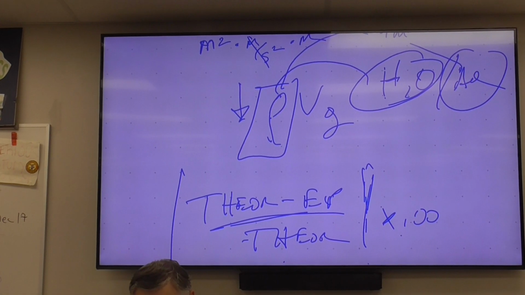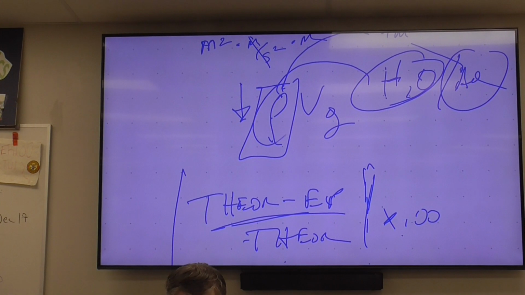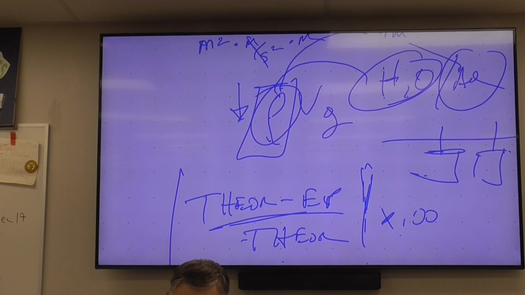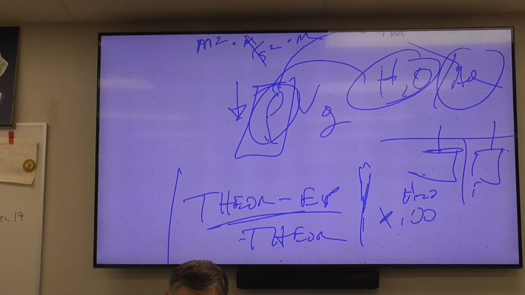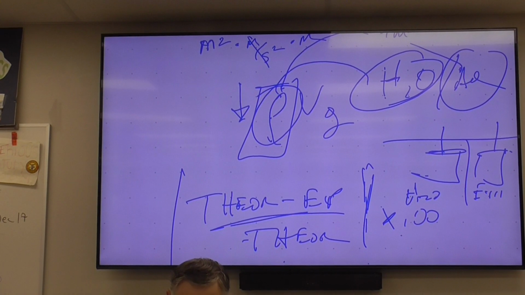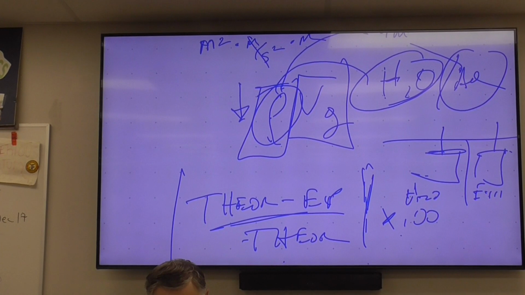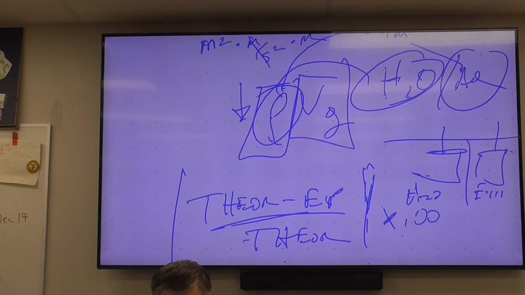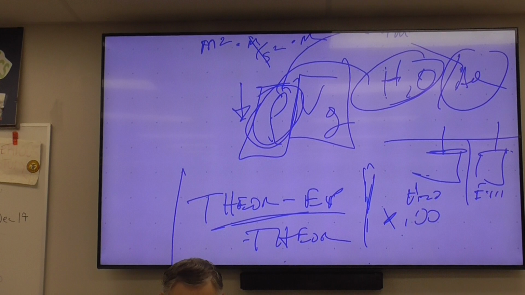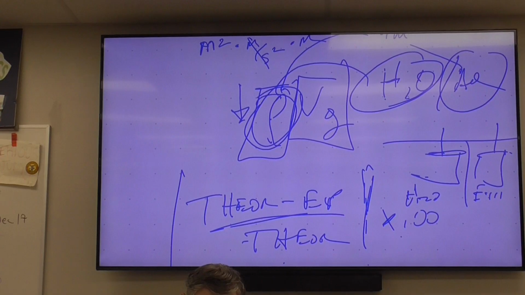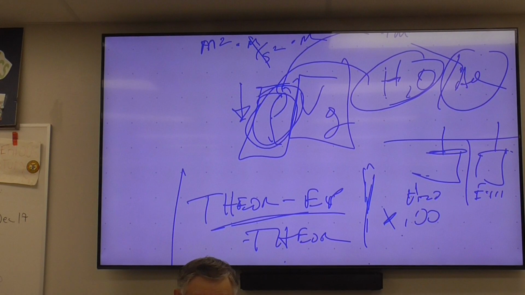Imagine that you have two identical blocks, one submerged in water and the other submerged in ethyl alcohol. Buoyant force is rho Vg, and the Vg part is going to be the same: same volume, same gravitational acceleration. So the one that has the higher density is going to have the higher buoyant force. There's your answer for 4.